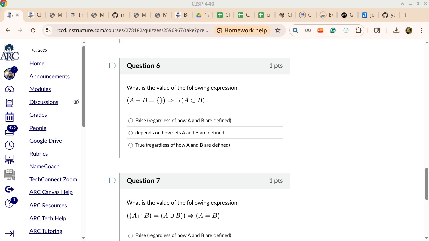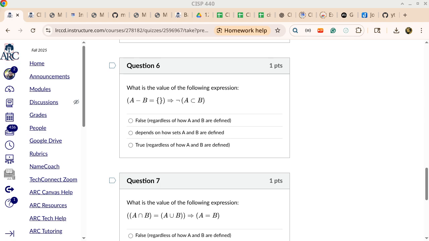If you can make the left-hand side true, then you have to look at the right-hand side, because true implies true is true, but true implies false is false. If the left-hand side is always false, then the implication is always true.